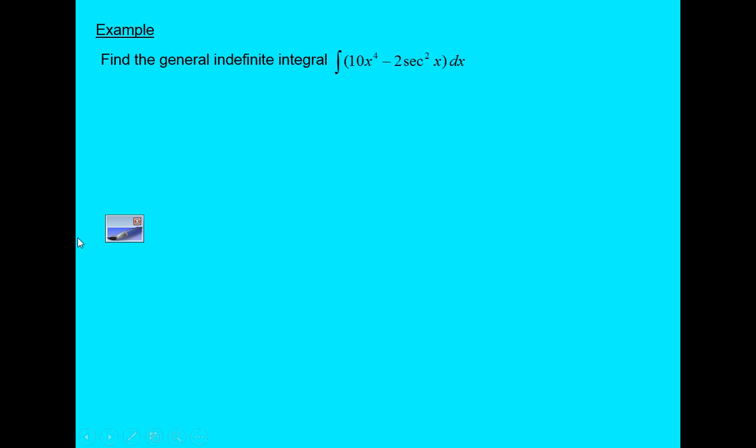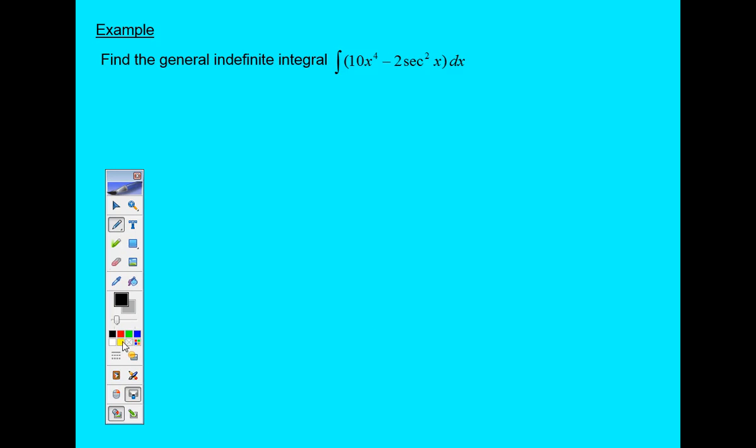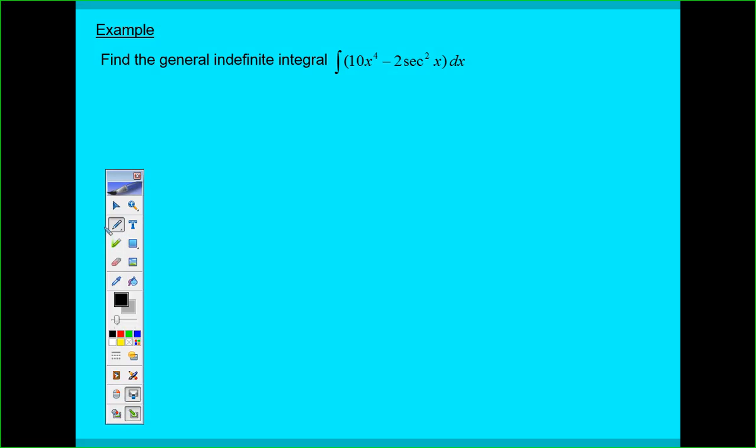An example of finding an indefinite integral. I'm going to, first of all, use some of our properties of integrals to rewrite the integral.